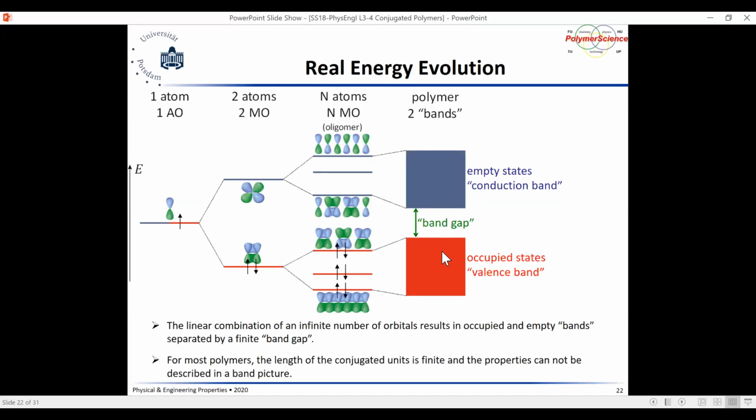But even at an infinite number of atoms, we still have a finite band gap between the HOMO and the LUMO state.